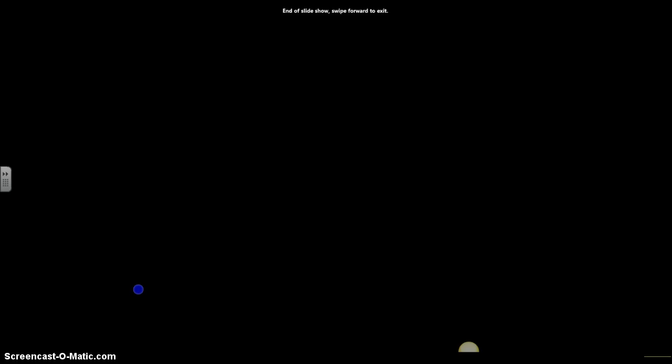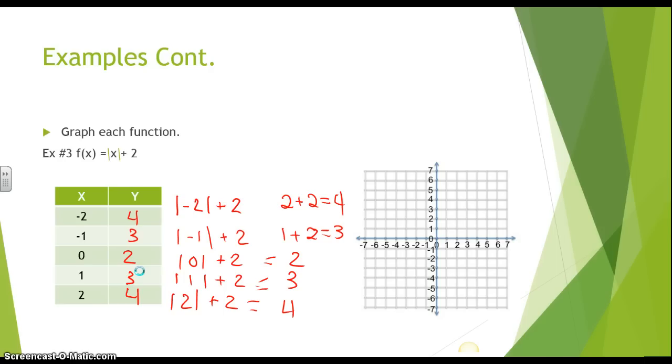Now this does something similar to the last graph I just showed you, but when we're working with absolute values, our graph is always going to look like a V, or an upside down V. So let's graph these points. We have -2 and 4. We have -1 and 3.